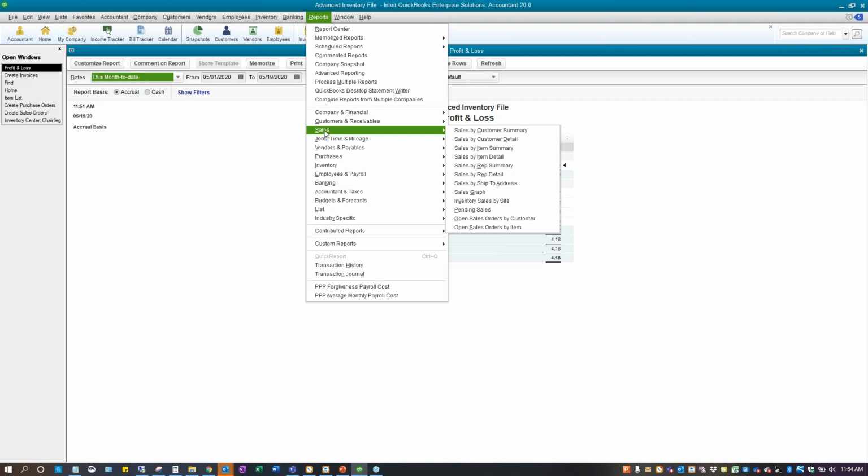So he's clarified that he's looking by items, maybe? Okay, so if you go to the sales report, there's a sales by item summary or a sales by item detail.